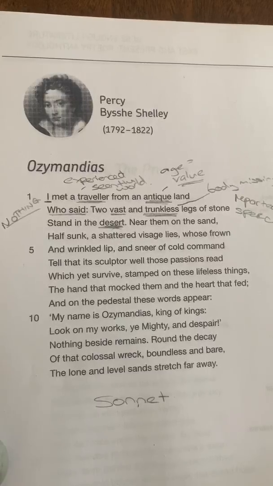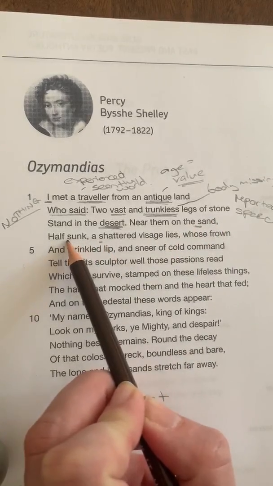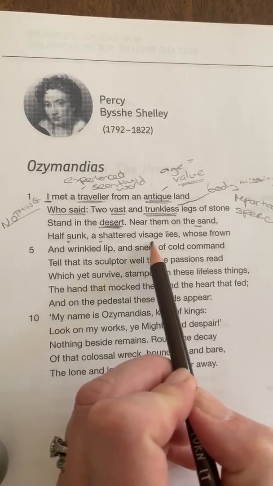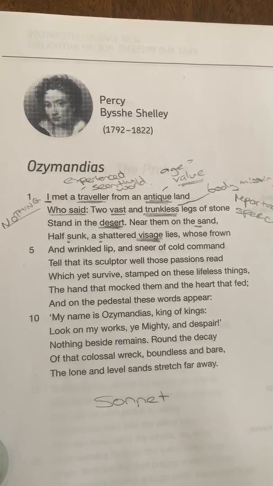Near them, on the sand, half sunk, a shattered visage lies. Okay, we need to break this down. We need to first of all see all these S's, which we can have a look at later because it happens all the way through the poem, so you need to have a look again. Let's start with the word visage, because once we know what that means, the rest of it starts to make sense.